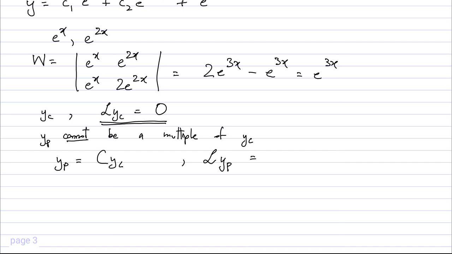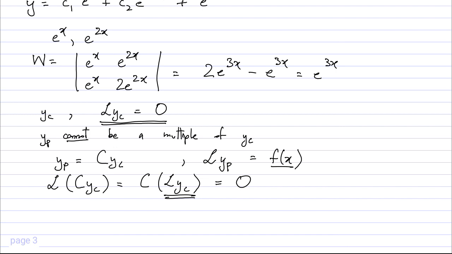You need to satisfy this equation, that's the equation the particular integral needs to solve. But now you substitute your guess, and you get on the left hand side this. C is a constant, L is a linear operator, so you can bring C outside, and you're left with L acting on the function. But this, by the definition of yc, is 0. So the whole thing is 0. It's never going to be equal to f of x.